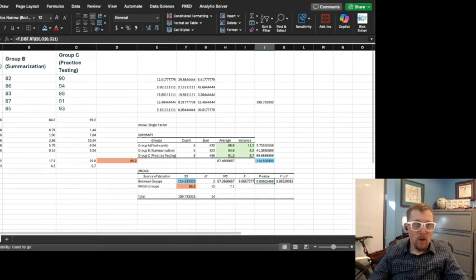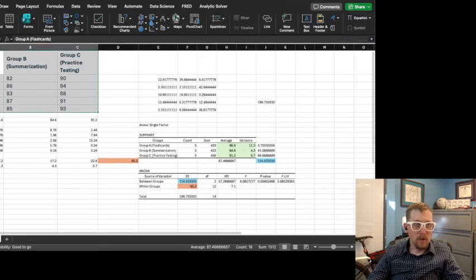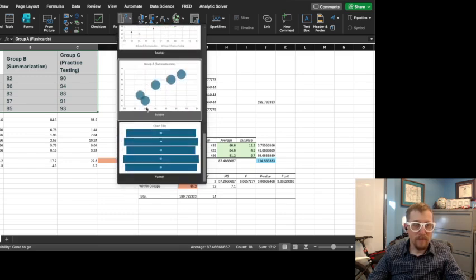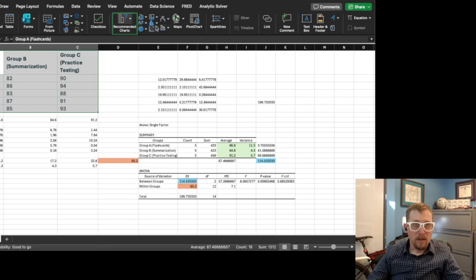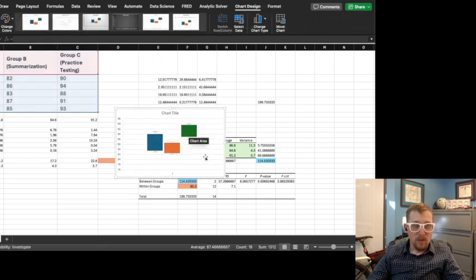One of the best things you can do is to make a visualization. This is going to help you understand a little bit about what's going on in this ANOVA. For comparing groups, I really like the box plot. So let's see if we can find it here. So we'll use the box plot here.